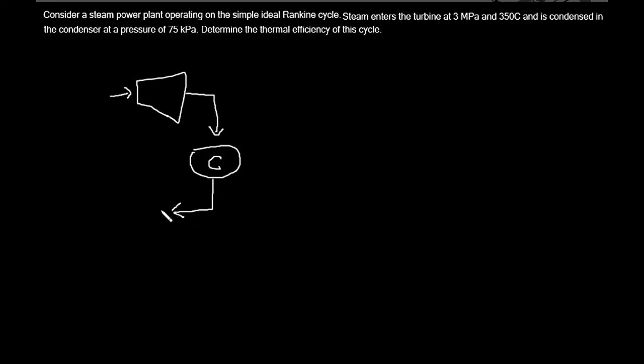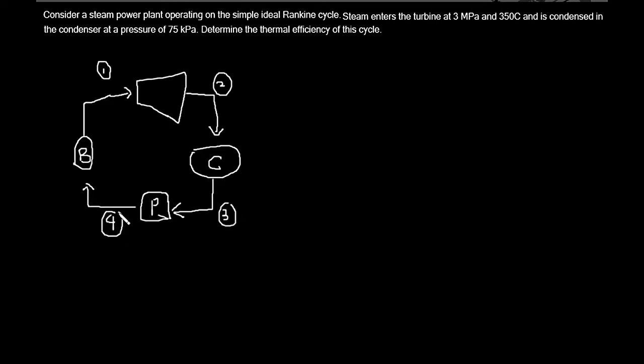After, it goes to the pump, and then it goes to the boiler. Now let's name these state 1, state 2, state 3, and state 4. So this is the schematic diagram.